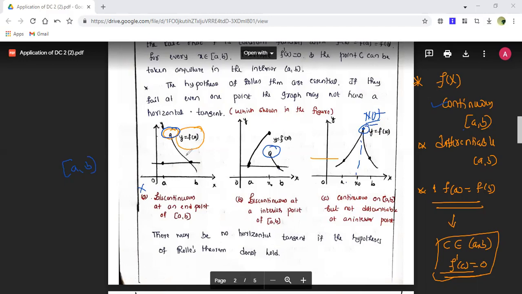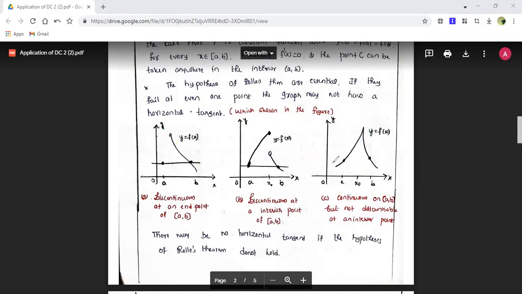So there may be no horizontal tangent if the hypotheses of Rolle's theorem do not hold. That is the essentiality of the hypotheses. This is how, guys, you should understand the geometrical meaning of Rolle's theorem, and you can prove it easily. So today we have proved Rolle's theorem.